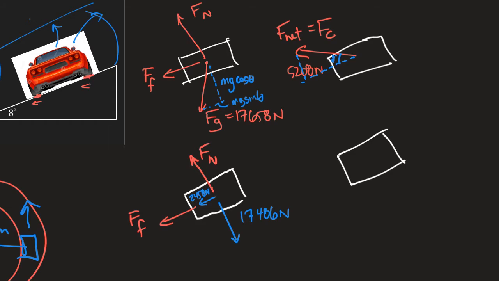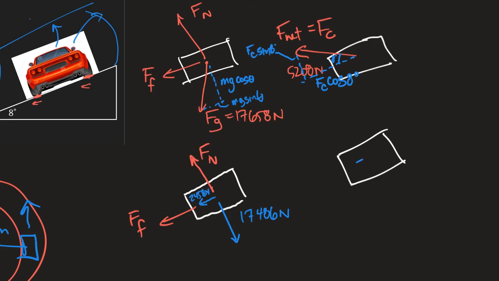So this side here is going to be our centripetal force times cos of 8 degrees, because it's the cosine, the close side. And the y component of the centripetal force is going to be our centripetal force times sine of 8 degrees. So those are our two components of our force.